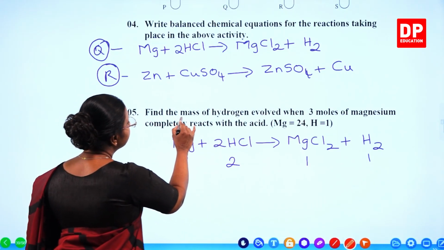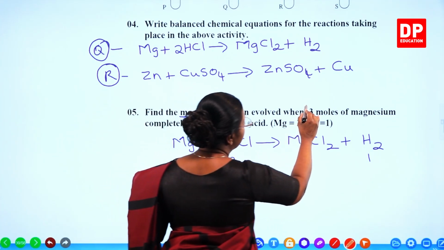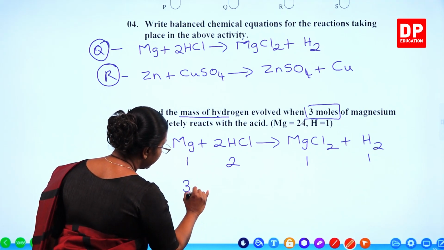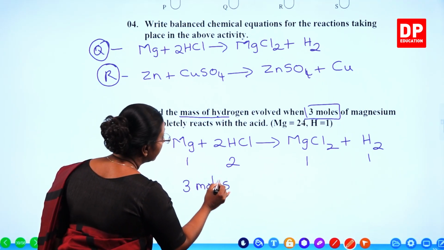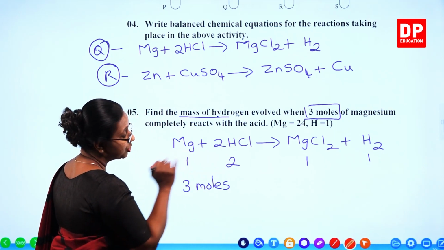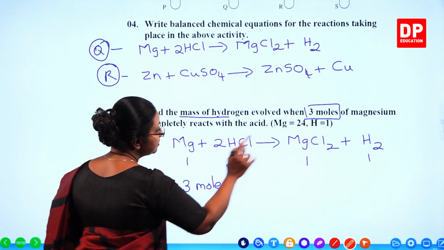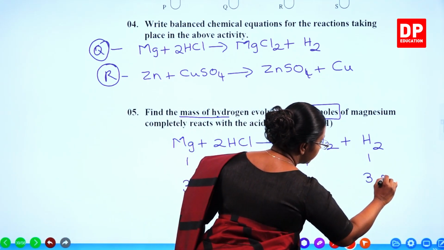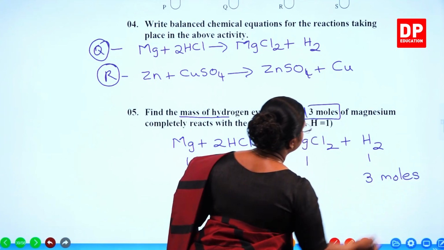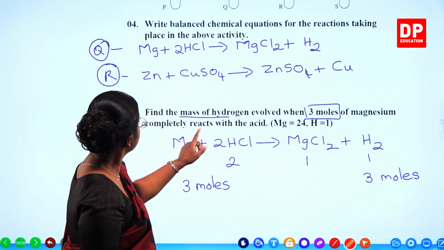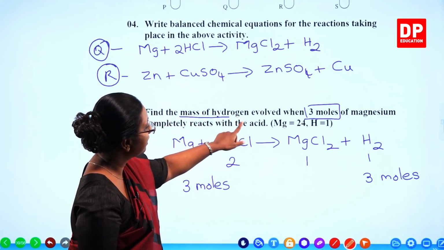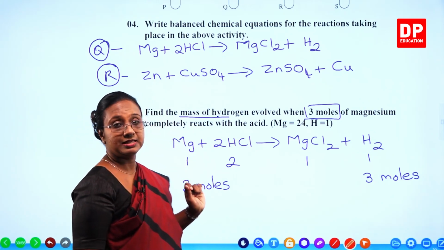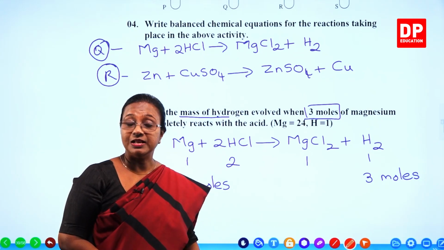So, if you have 3 moles, how much H2 will be produced? 1 Mg, 1 H2. So, 3 moles of Mg, this has to be also 3 moles. So, 3 moles of hydrogen will be evolved.